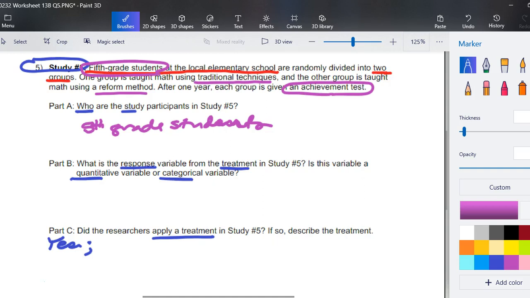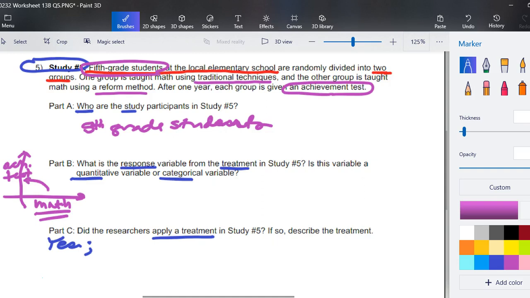And so I like to draw an X and Y axis. And so they're teaching math, and then they're going to take an achievement test. And so math is going to be the treatment, the achievement test is going to be the response.